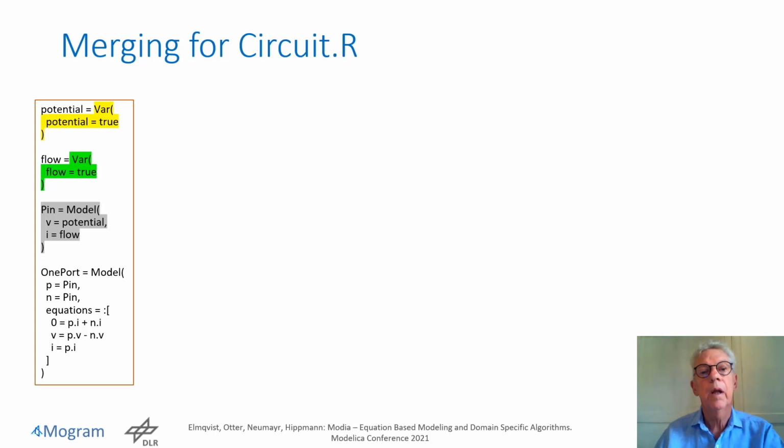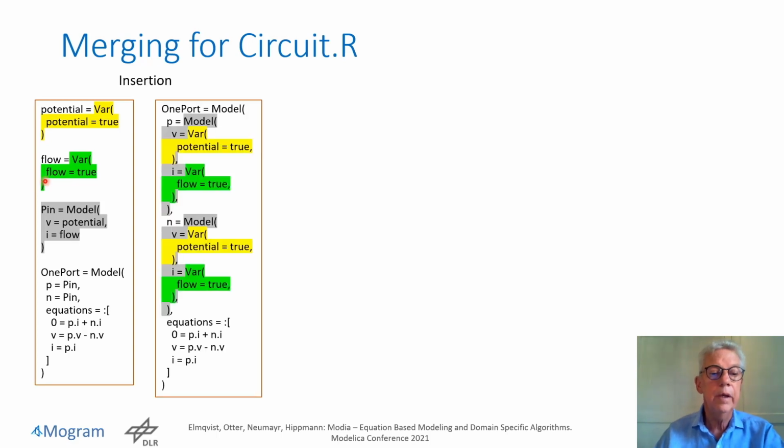I will now explain how the resistance R of the circuit is defined. We start with the one port and the pin and the built-in flow and potential definitions. The pin is substituted, and also potential and flow are substituted, which means that an expanded version of one port looks like this.